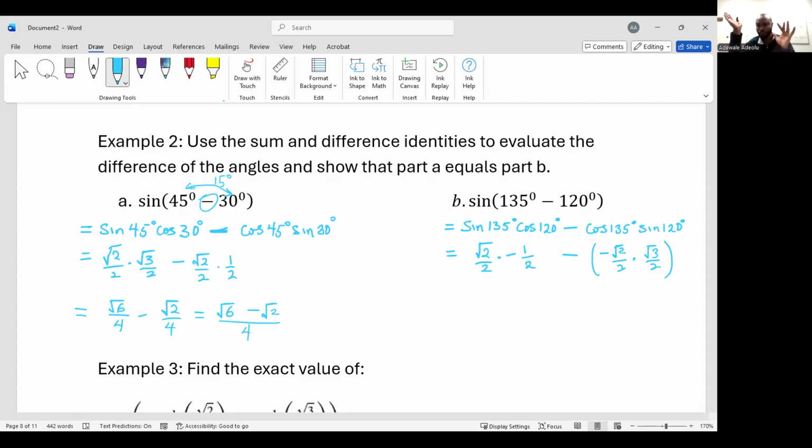Sine is positive there. So yeah, that is correct. So this is negative root 2 over 4 minus times minus plus root 6 over 4. So this is the same thing as positive root 6 minus root 2 over 4, which is exactly what I have here. Just to show you that they will be the same thing no matter what.